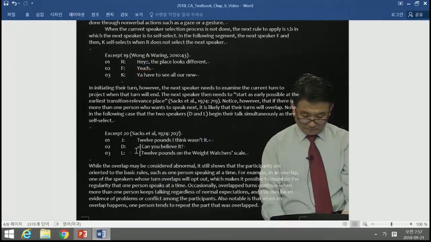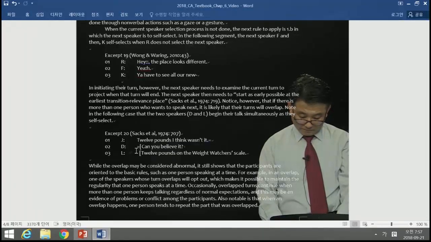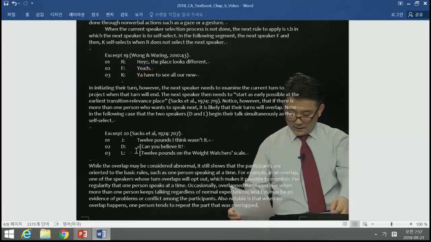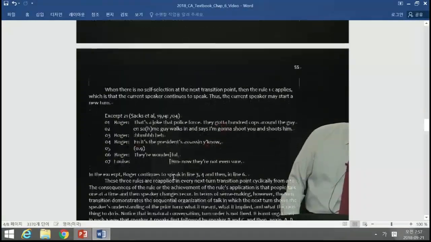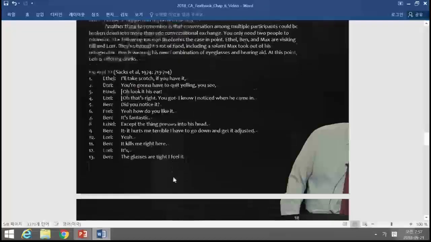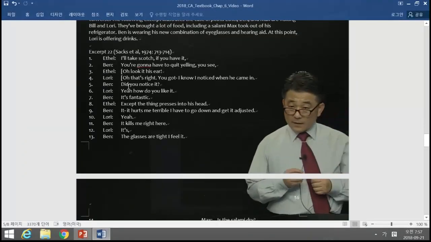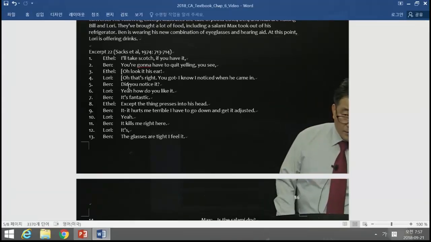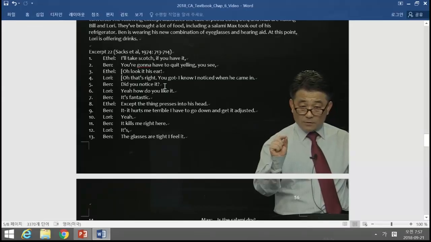Okay. So let's move on to the next issue. I'd like you to see excerpt 22. Here, it's a pretty long excerpt from Harvey Sacks' paper. Initially, I think there are 4 people in this conversation. Initially, just one person speaks at a time, so there's only one conversation going on.